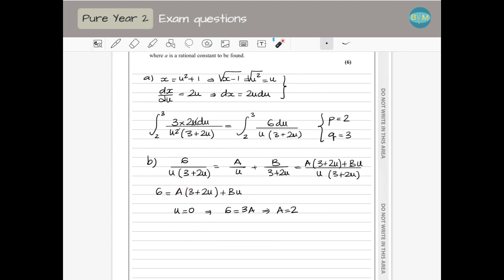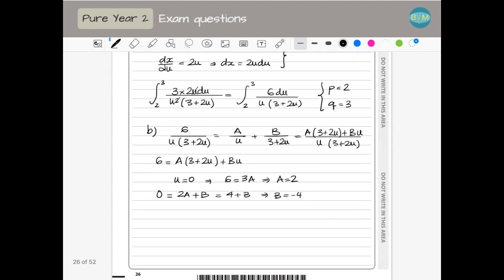The coefficient of u on the left hand side is 0, since I have only a number, and on the right it is 2A plus B. But I know that A is 2, so I have 4 plus B is 0, which means that B is minus 4.